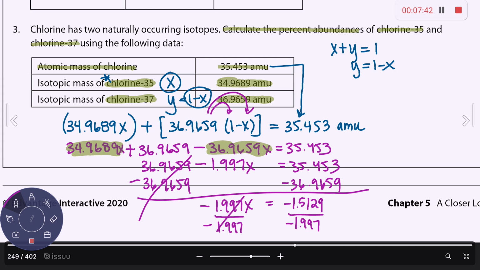This will cancel, and I will get X equal to 0.75. If you multiply this by 100, that's 75%. So this chlorine-35 is 75%. Obviously, that means the other one would be 25%, because the percentages need to add up to 100.